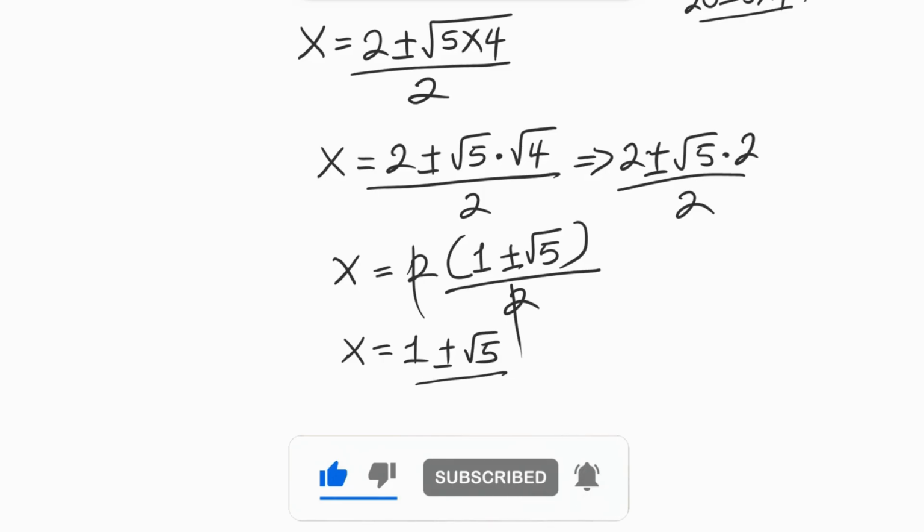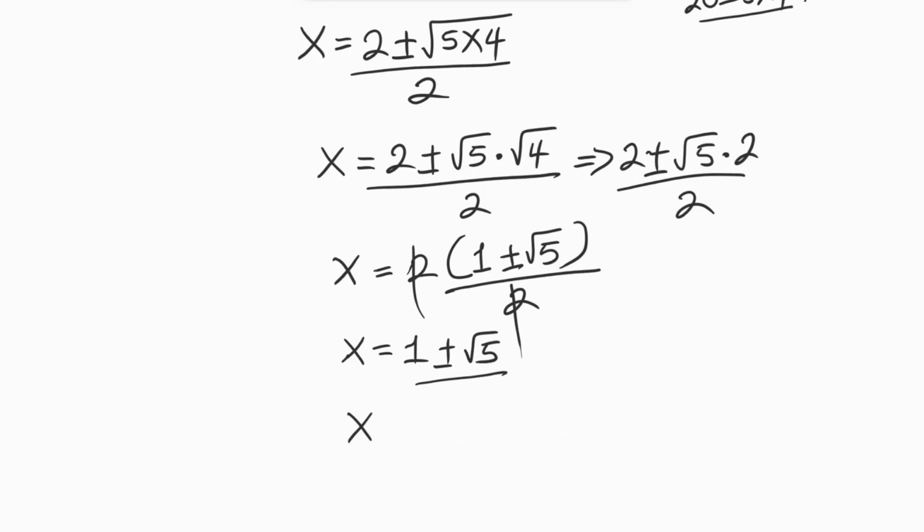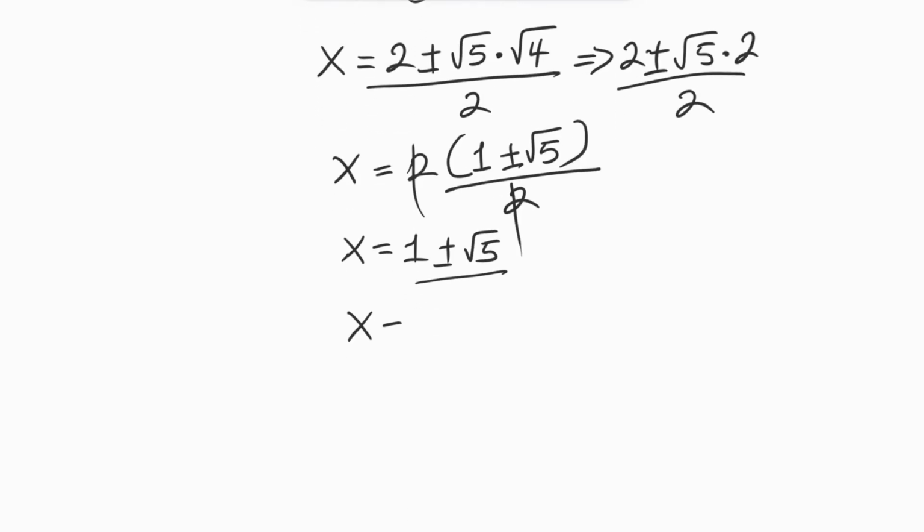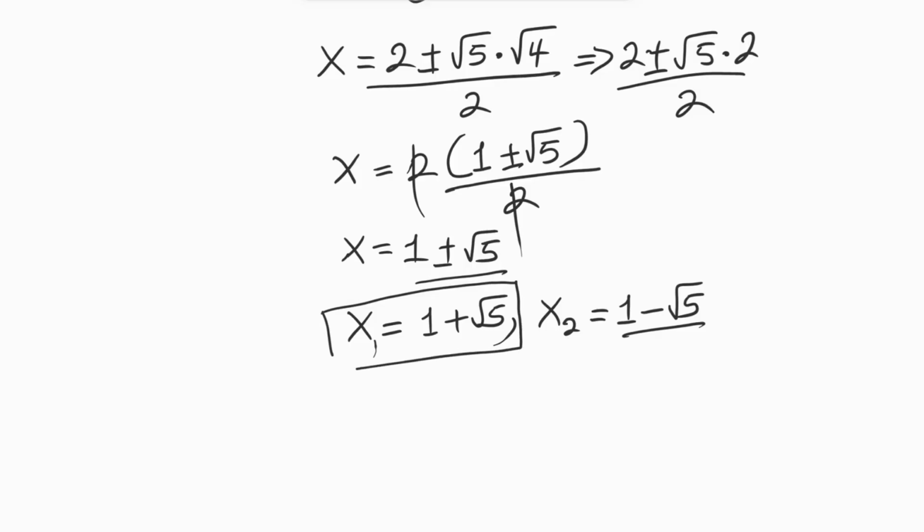So we have that x1 is equal to 1 plus root 5, and then x2 is 1 minus root 5. And these are our answers to this question.